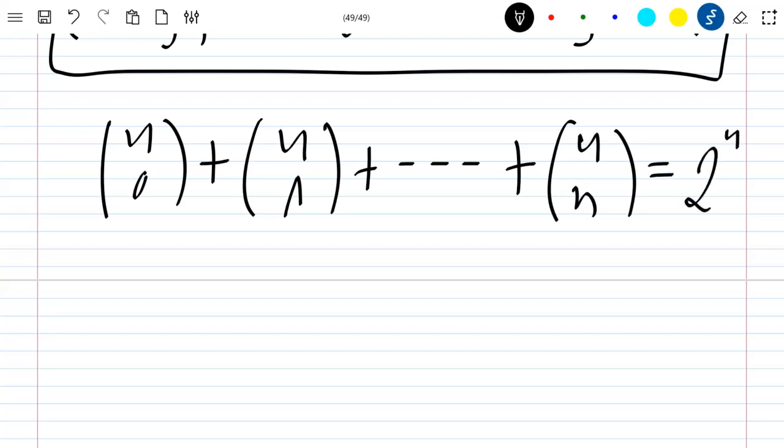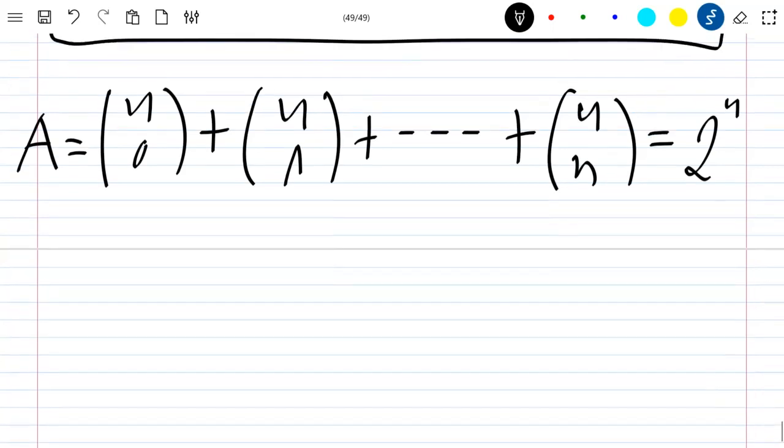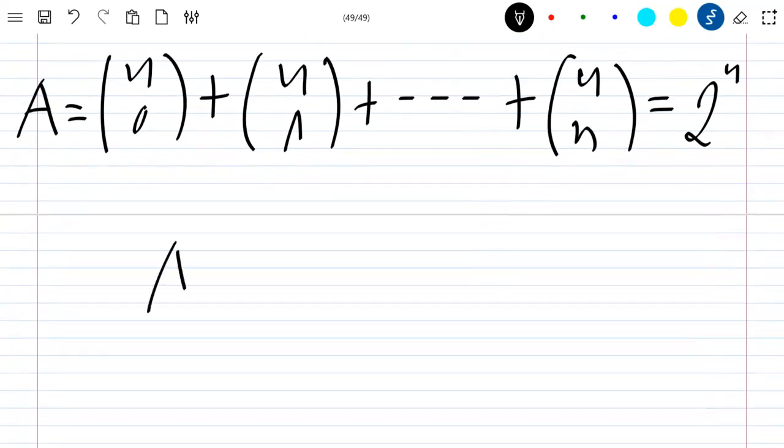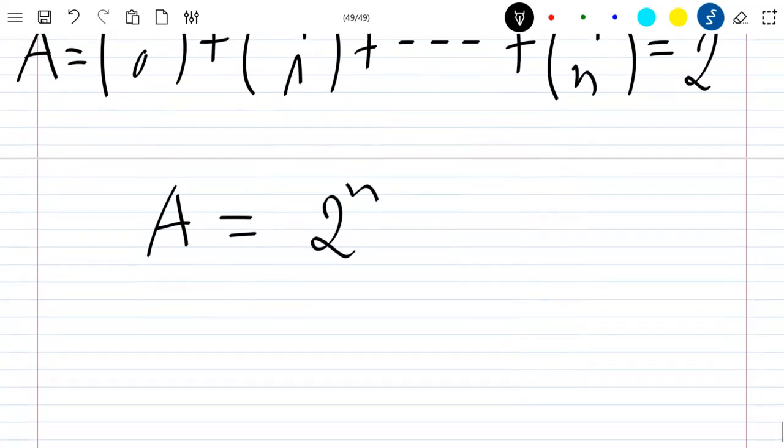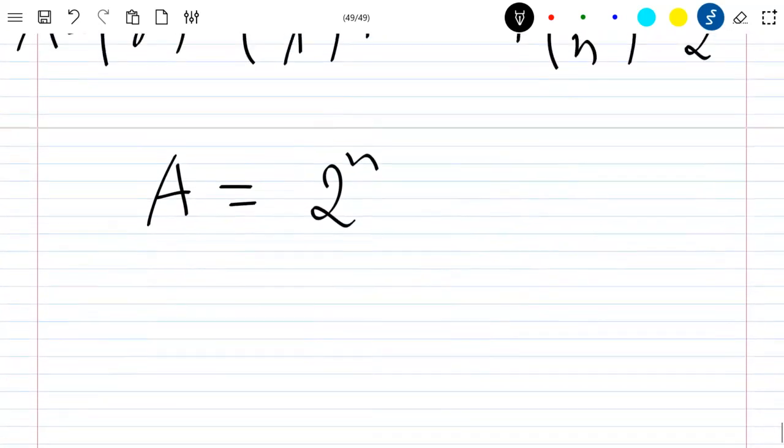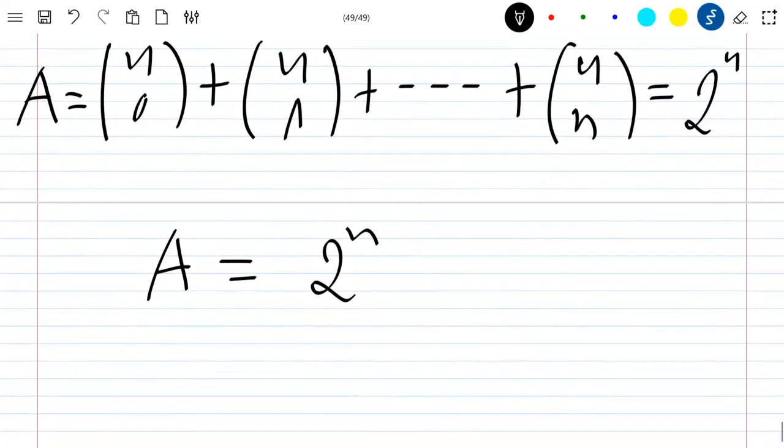Let's just show this by applying the binomial theorem. So let's call this sum A. We are going to show that A is equal to 2 power n.